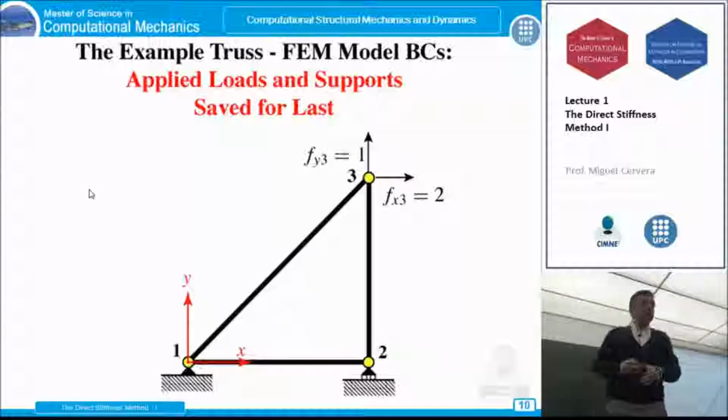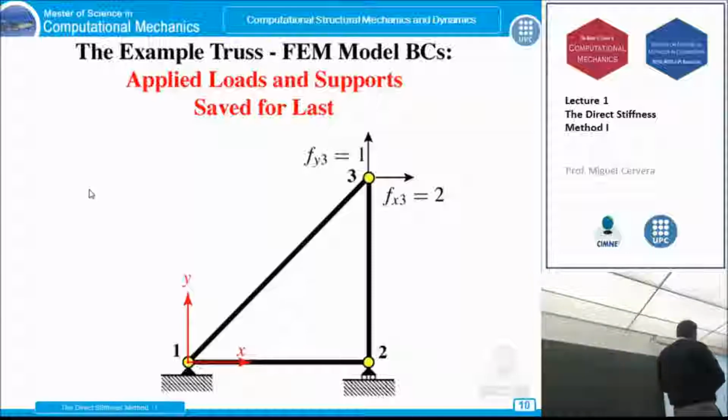Now, note. How many degrees of freedom does this structure have? 6. Okay? Easy counting, because it's 3 nodes, 2 degrees of freedom per node. So, of these 6 degrees of freedom, I have 3 which are fixed: 1, 2, and the vertical one here.